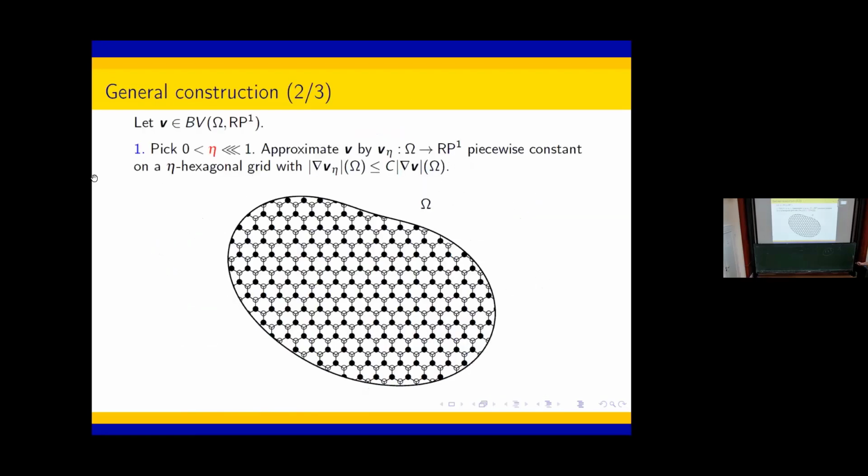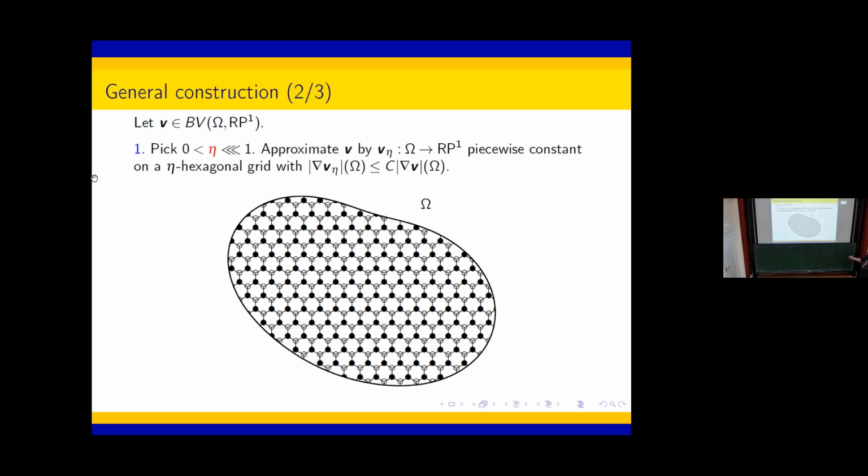Next, if I take any V which is BV, with values in RP1, I divide in hexagons because I like this. It's not important.